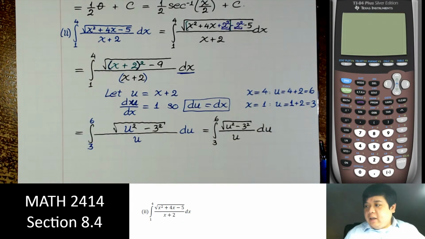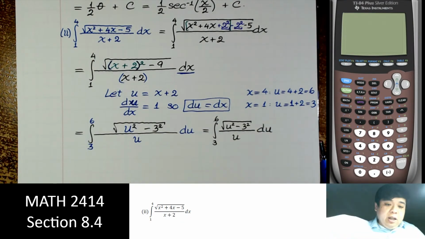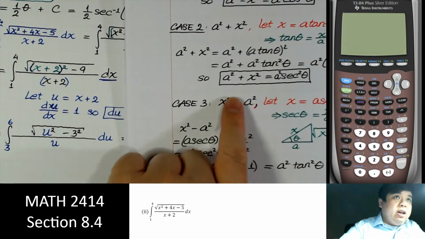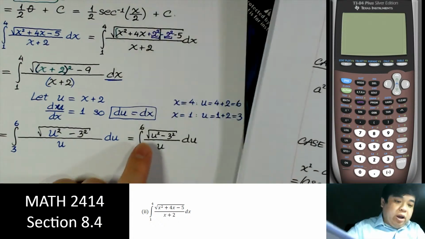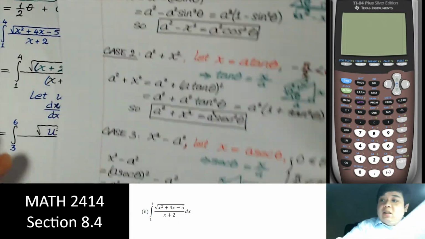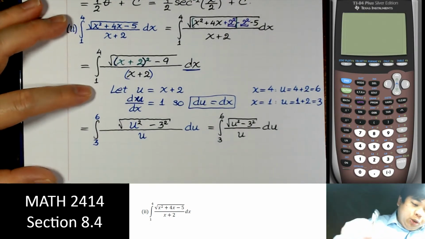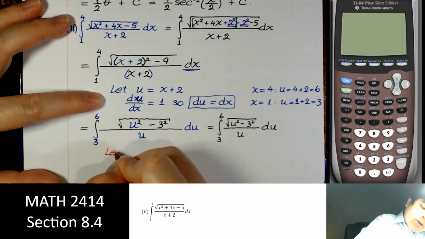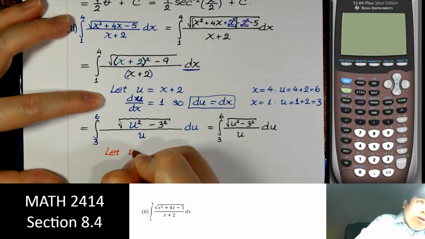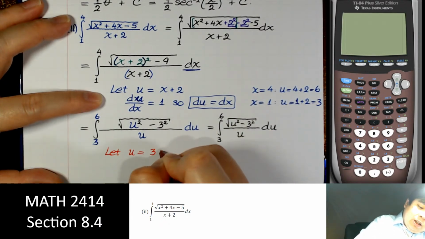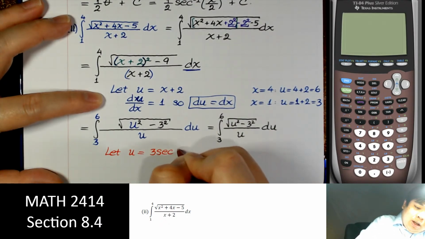Right, now substitution. Obviously this is case number 3, where we have a variable square minus a constant square, so it's going to be a secant of theta. So the substitution: let u, the variable, be equal to 3 secant of theta.